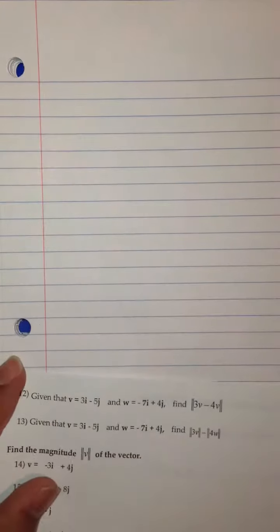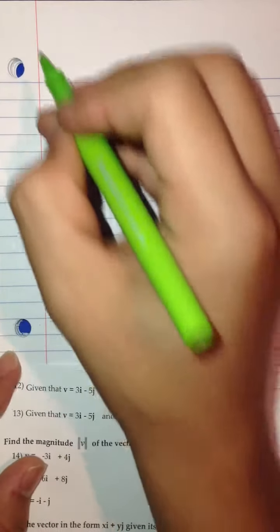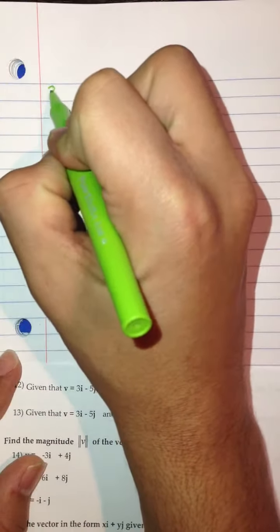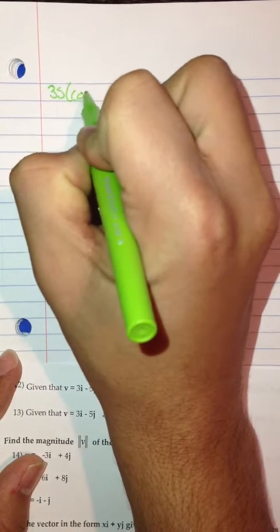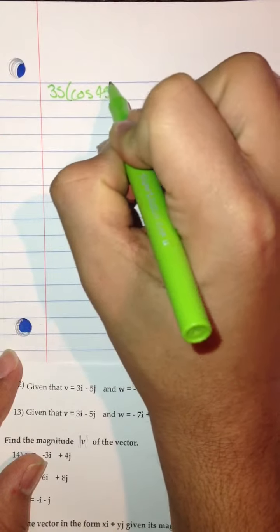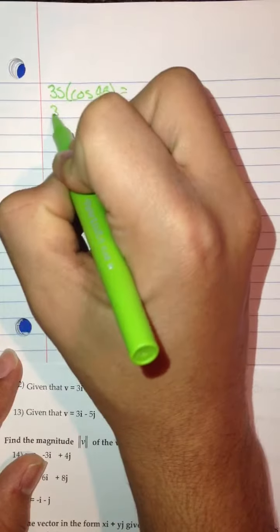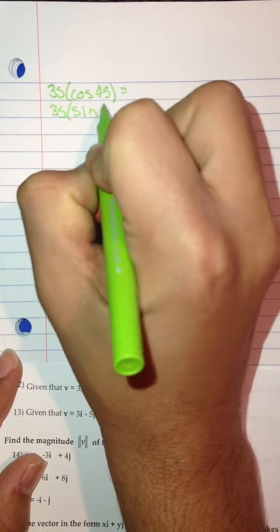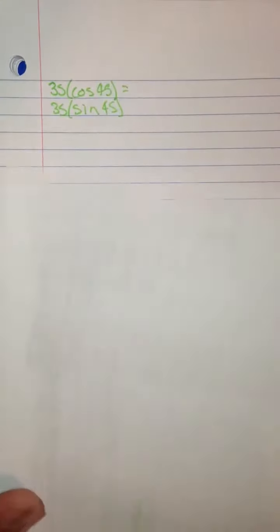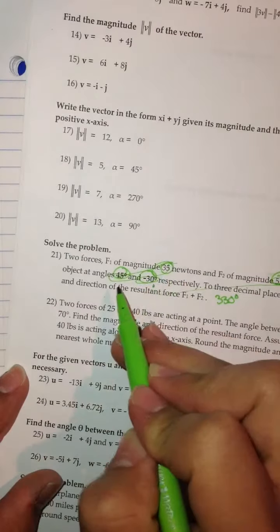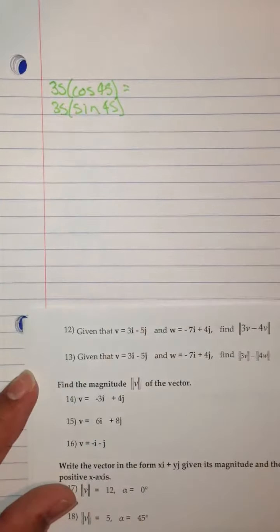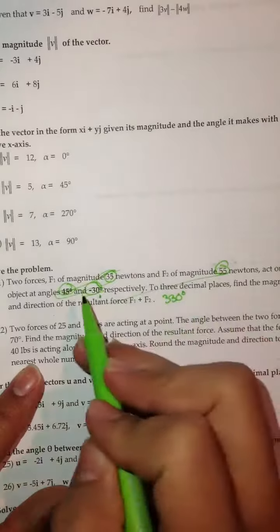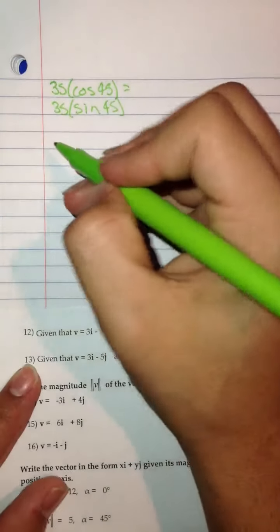So on paper, if you put it out, it's 35 cosine of 45 degrees equals 35 sine 45 degrees. Okay, because you're using that 35 with 45. And you do the same thing for the 55 and then 330 degrees.